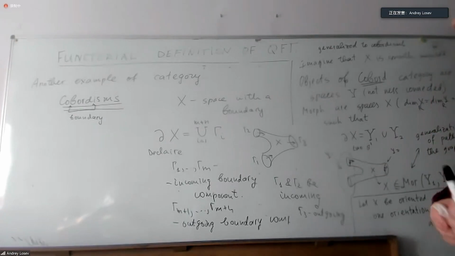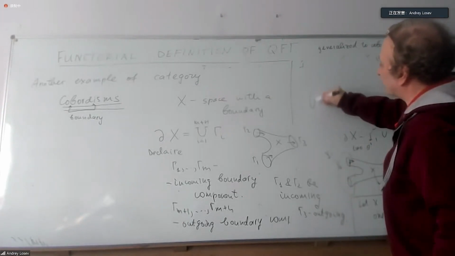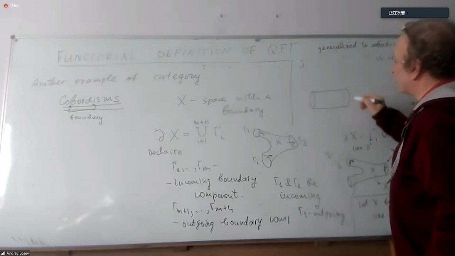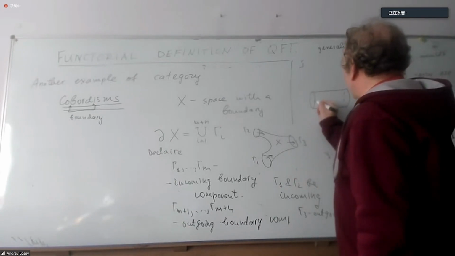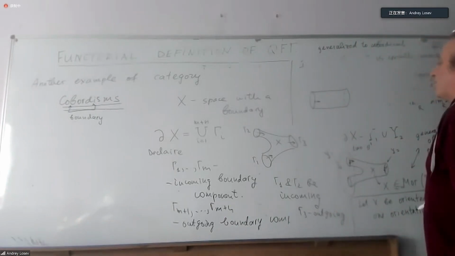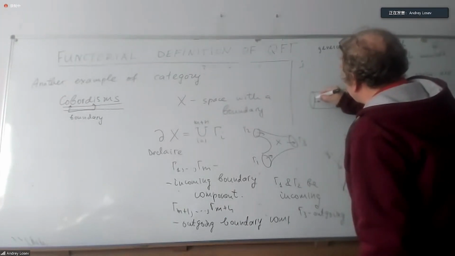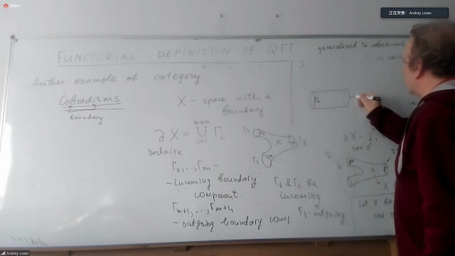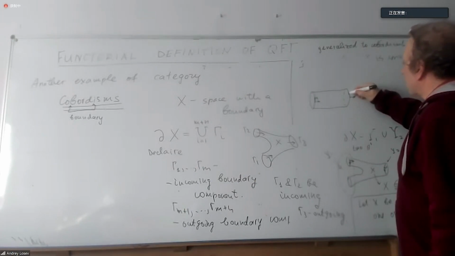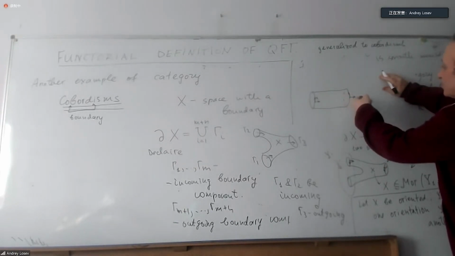So how to say it properly? Probably the best example would be just to consider a cylinder. If we have something incoming, I put it like this, and the orientation is like this. If I have something outgoing, then you see I'm just trying to show that the orientation is opposite.